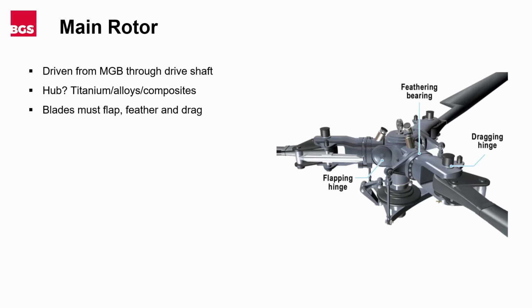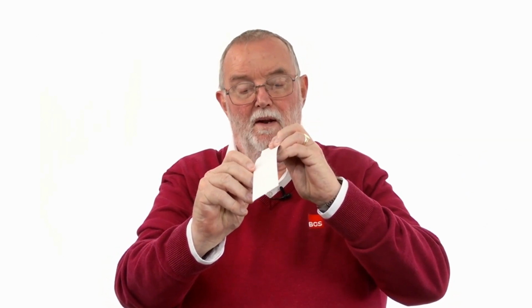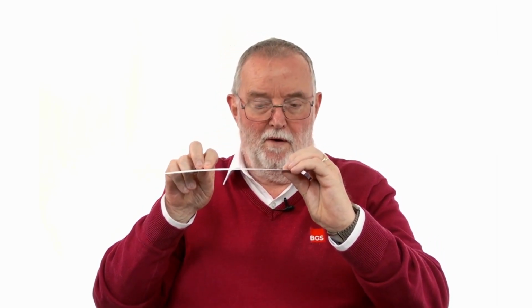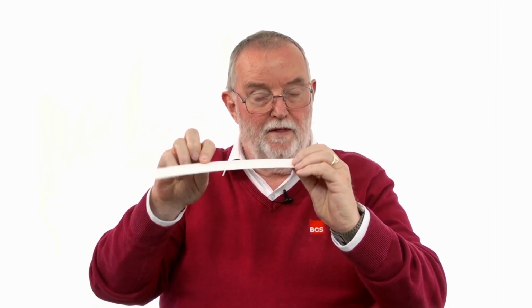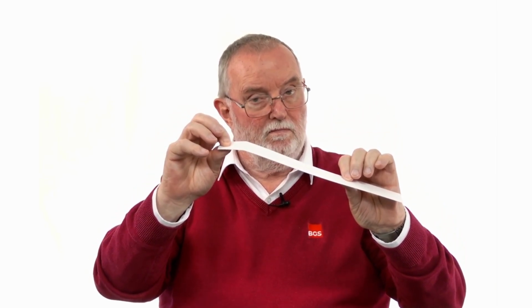Well, the first thing I need to do is allow my blades to flap up and down. If they don't flap up and down, then they can't flap to equality. The forward going blade gets more V squared, so climbs, and the rear going blade gets less V squared, so descends.